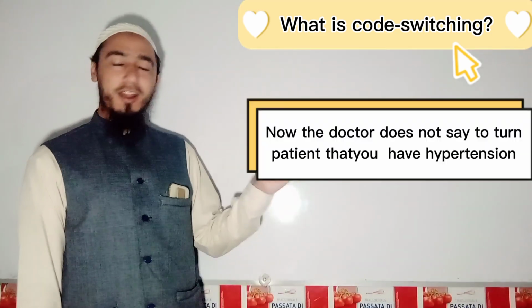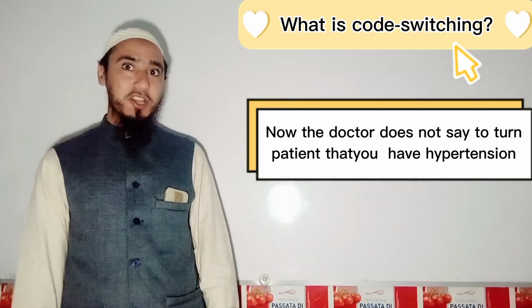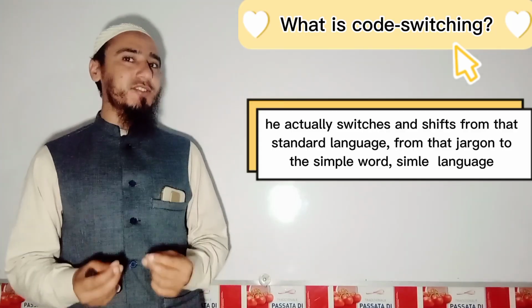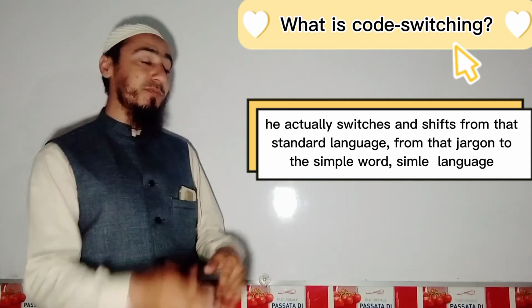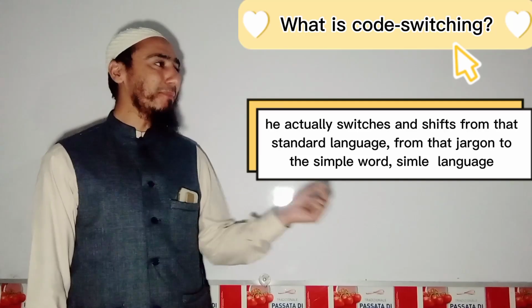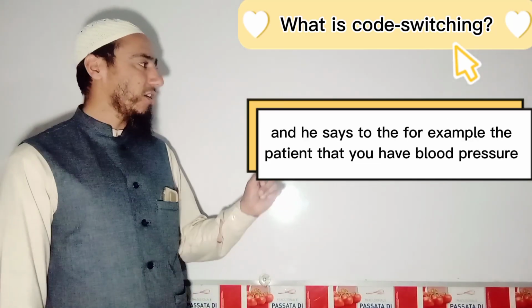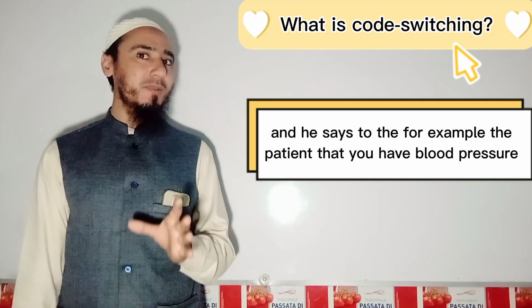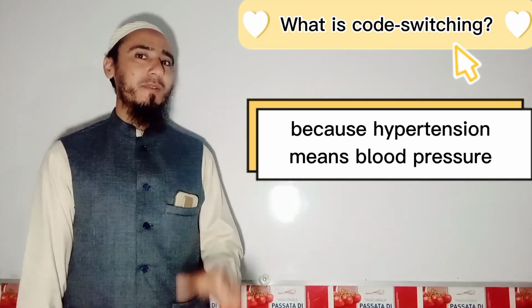Now, the doctor does not say to the patient that you have hypertension; he actually switches and shifts from that standard language, from that jargon, to simple words, simple language, and says to the patient that you have blood pressure, because hypertension means blood pressure.